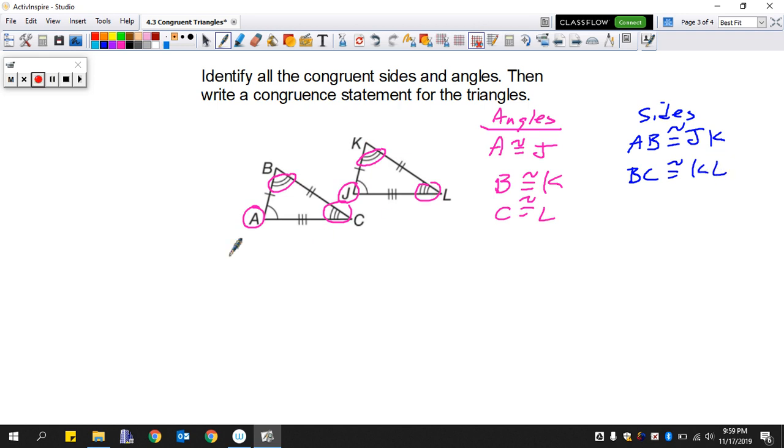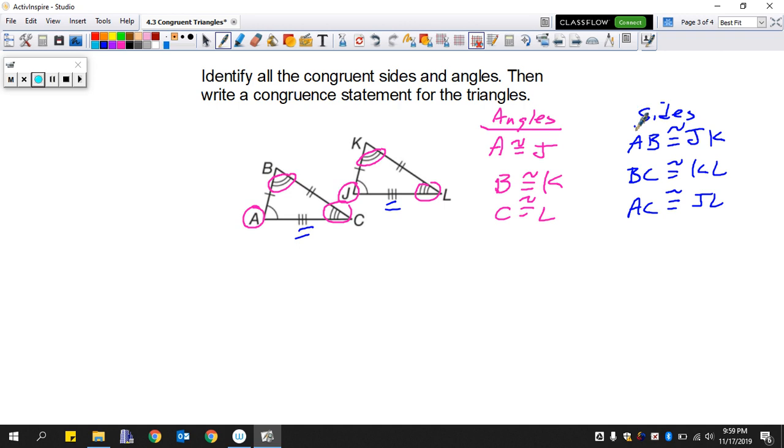And AC has a 3, and JL has 3, so AC is congruent to JL. So that's the congruent sides and the congruent angles.